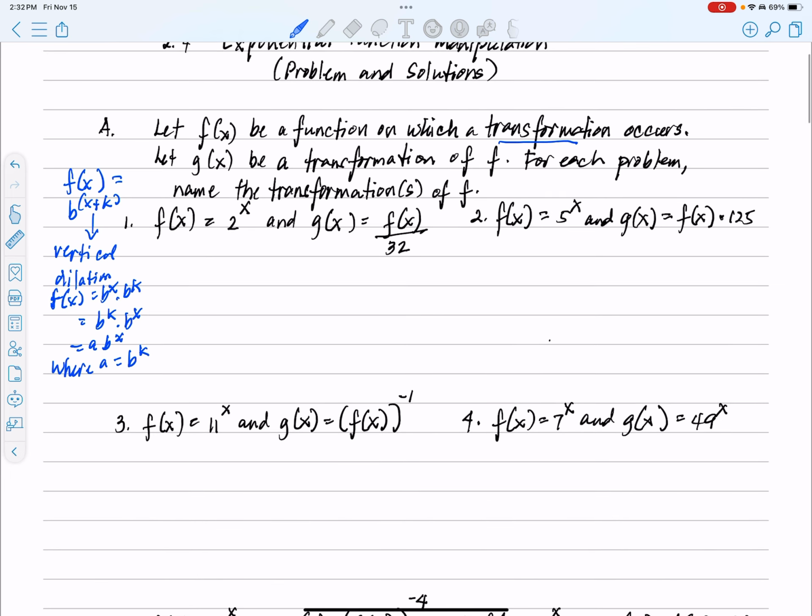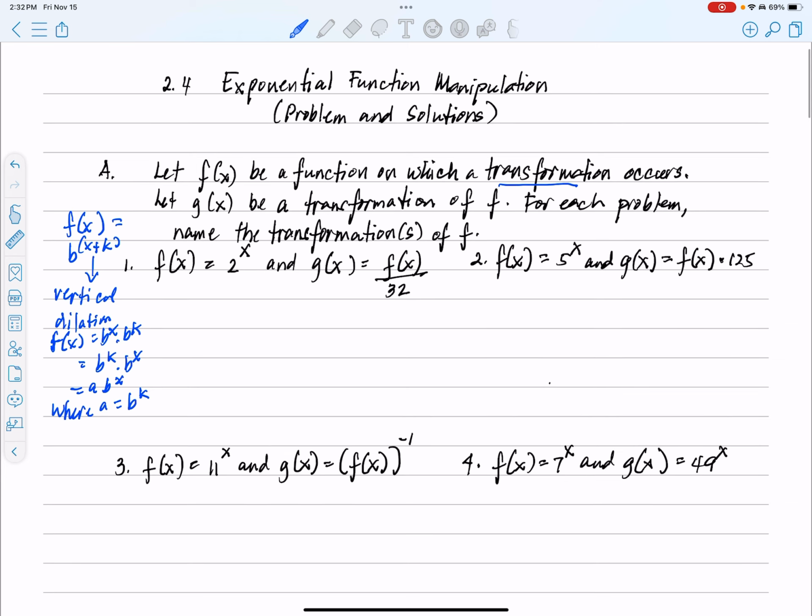So if you are given f of x equals 2 to the power of x and g of x is equals to f of x over 32, so we could rewrite g of x as f of x. What is our f of x? That is 2 to the power of x over 32.